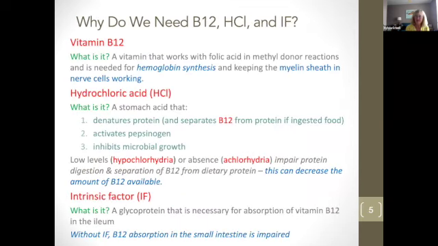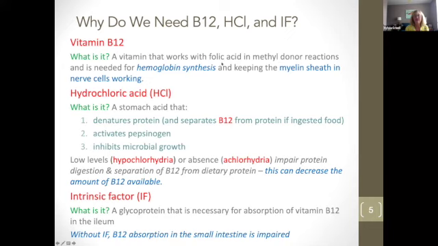Why do we need B12, HCl, and intrinsic factor? So as a reminder, B12 is a vitamin that works with folic acid. You remember those methyl donor reactions we've talked about, like CH3 is a methyl group, and these chemical reactions are critical. And vitamin B12 and folic acid work together to make hemoglobin, which we need for our red blood cells.